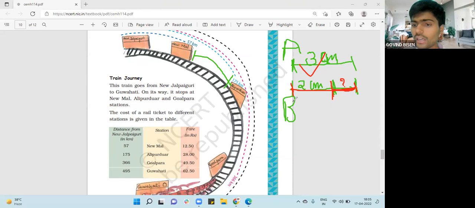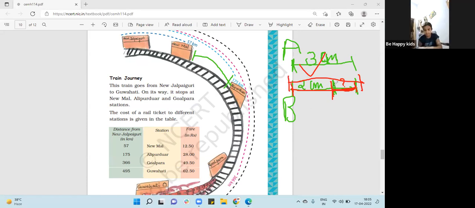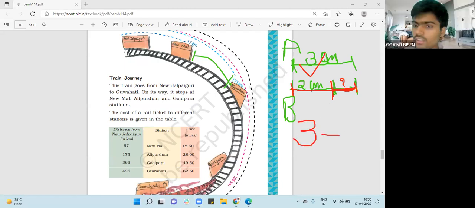What we have to do, I'll tell you. We know that the total distance is 3, isn't it? Can we subtract this much distance? This total is 3, because on the top I have given it to you.